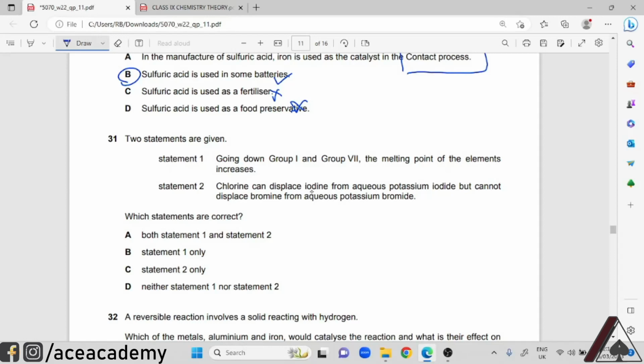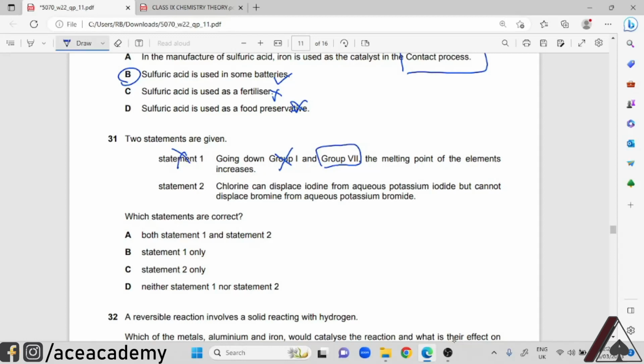Notice with statement 1, this is not right because for group 1 the melting point doesn't increase going down the group. Going down we see that the melting point of the elements decreases, but for group 7 this is correct, but not for group 1. As a result, statement 1 is not correct.